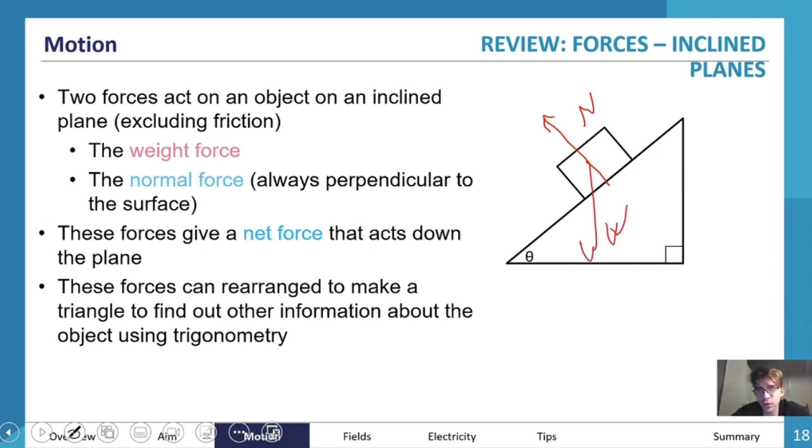And that is the weight force. So the normal force acts perpendicular to the surface, and the weight force acts from the center of the body straight down.